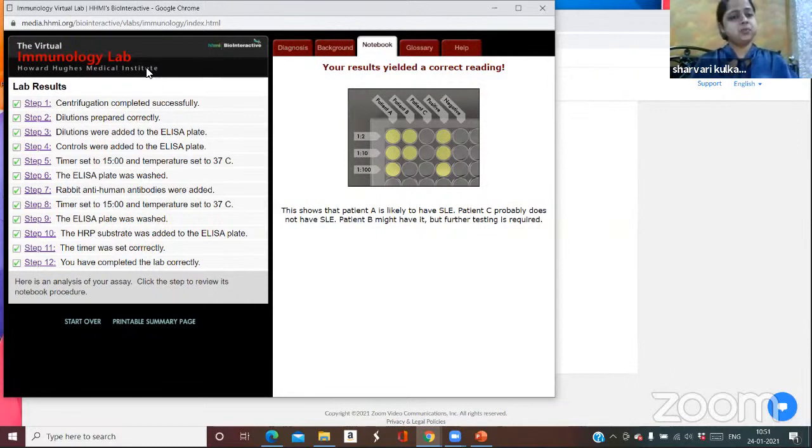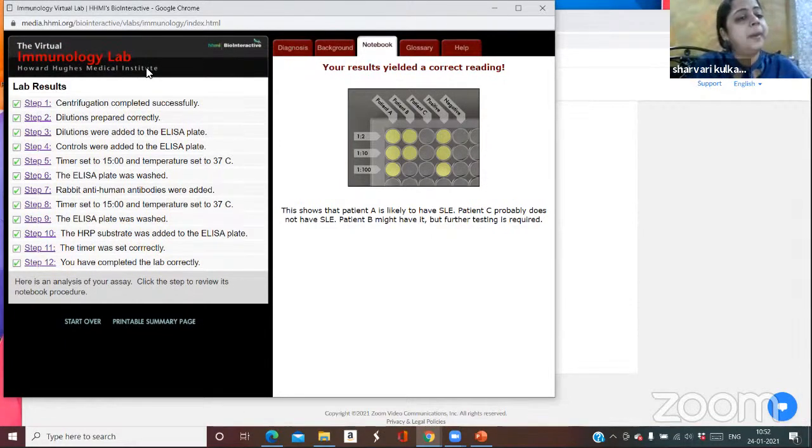But you can explore for yourself. But unfortunately, immunology has incorporated only this, ELISA, as a simulator. Otherwise, you get virtual labs in terms of documents and animations for diffusion techniques and precipitation techniques, but the actual performance of ELISA, the feel of the lab, is given by this HHMI.